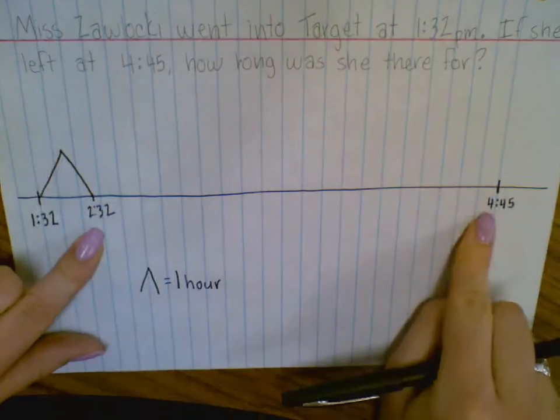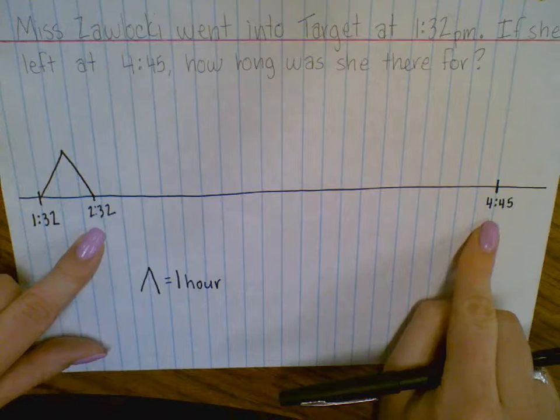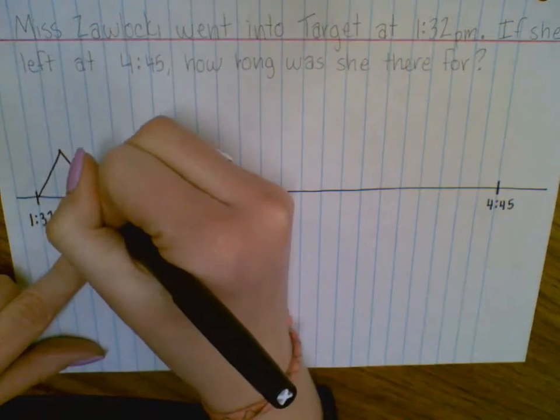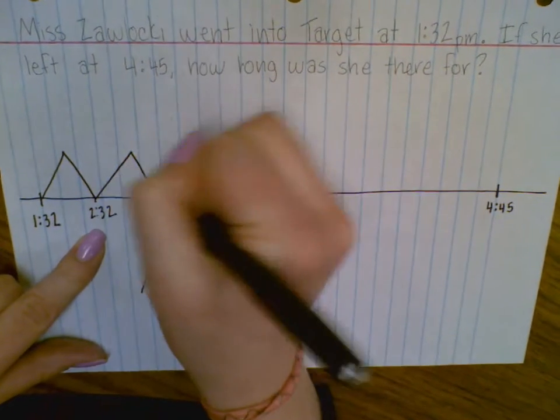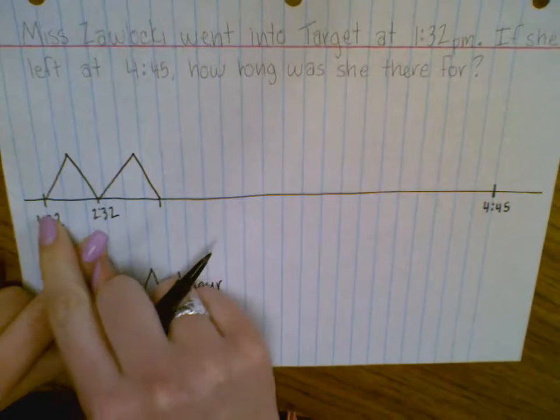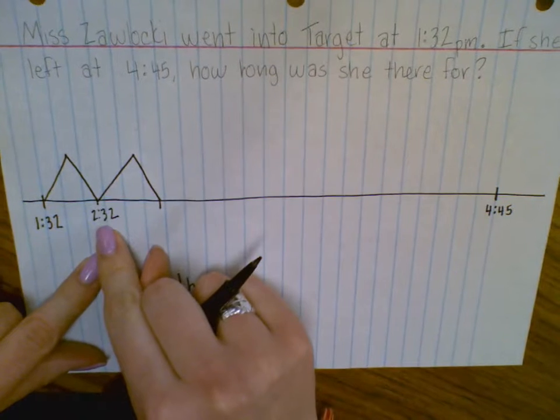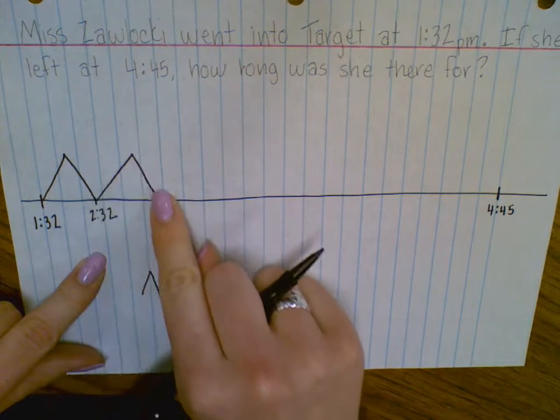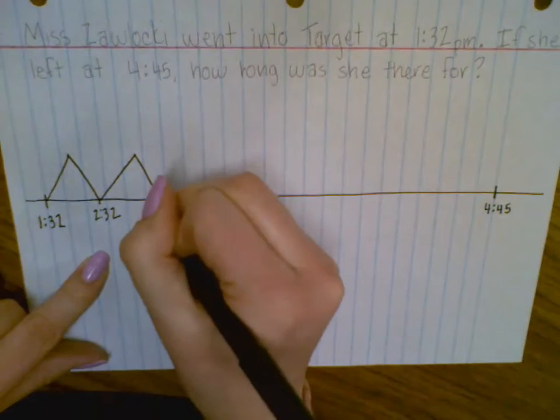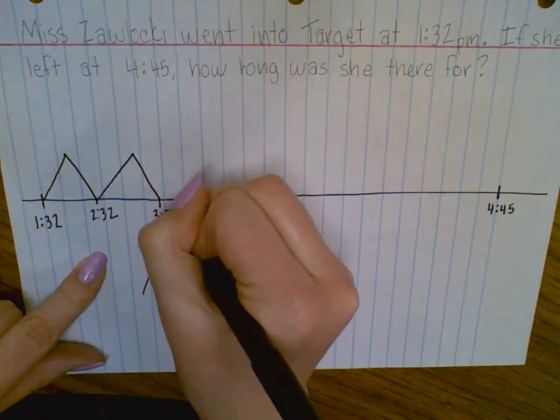Now I know I have to go all the way until 4:45. So I'm going to draw another mountain. So it was 1:32, 1 hour passed, now it's 2:32, now another hour passed, so now it's 3:32.